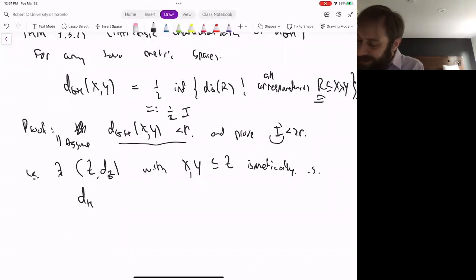Let's say the Hausdorff distance of X and Y is less than r.